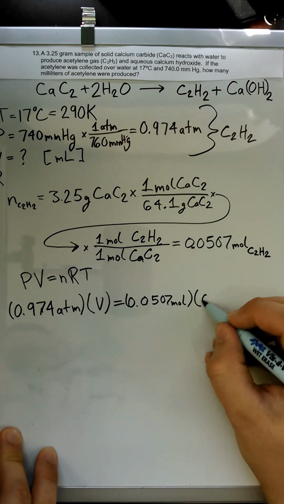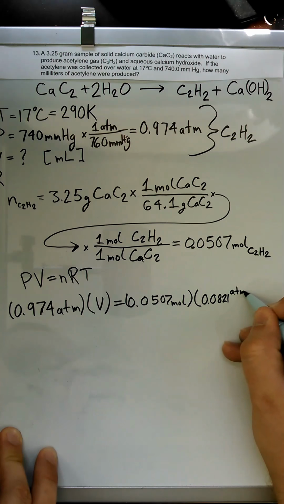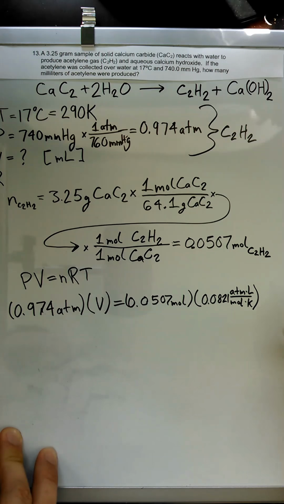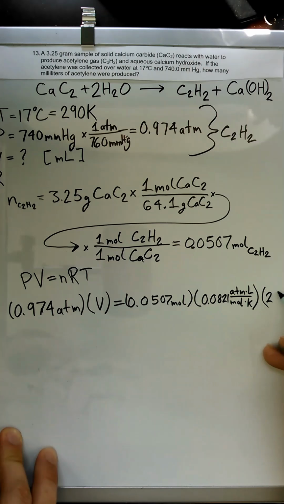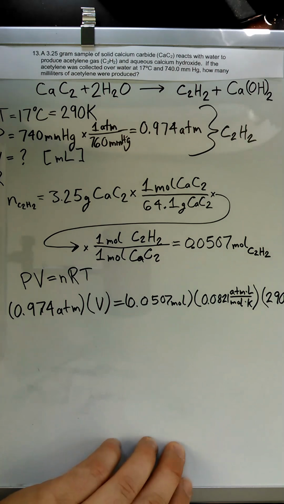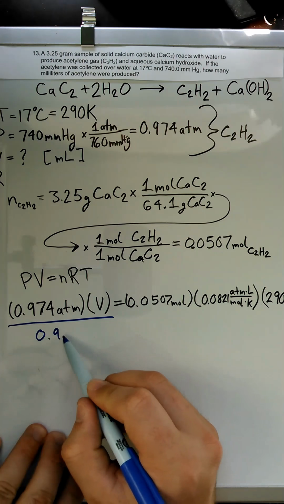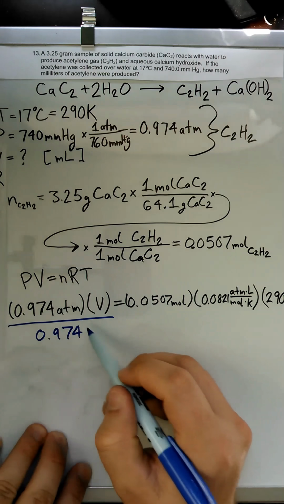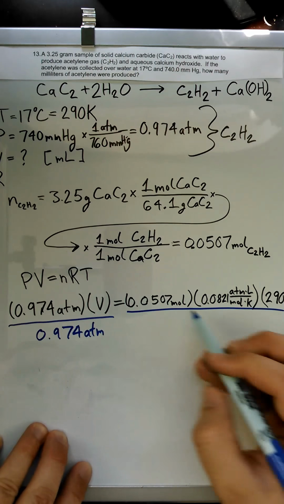R is our gas constant, which we know is 0.0821 atmosphere liter per mole Kelvin. And finally, the temperature, 17 degrees Celsius, is 290 Kelvin. So we can now divide both sides by our pressure, 0.974 atmospheres, to find volume.